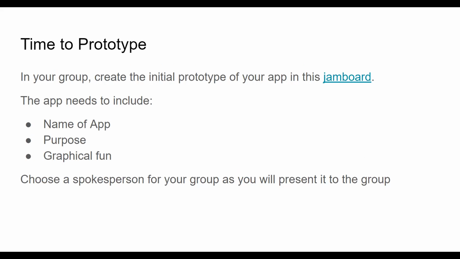The link is in the chat. What we want you to do is come up with the name of the app and its purpose, based on the answer to your question, and then have some graphical fun. When I say graphical fun, I mean, what's the app going to do? What does it look like?